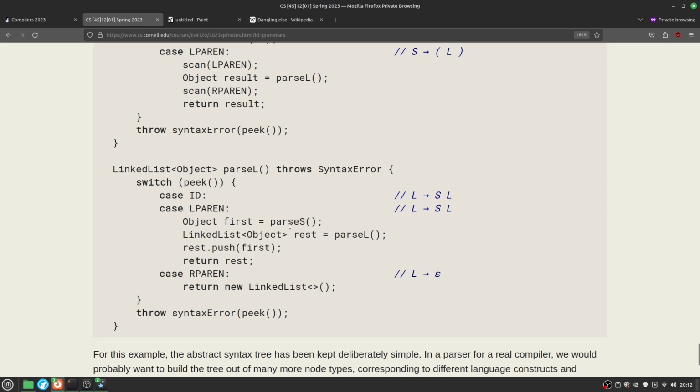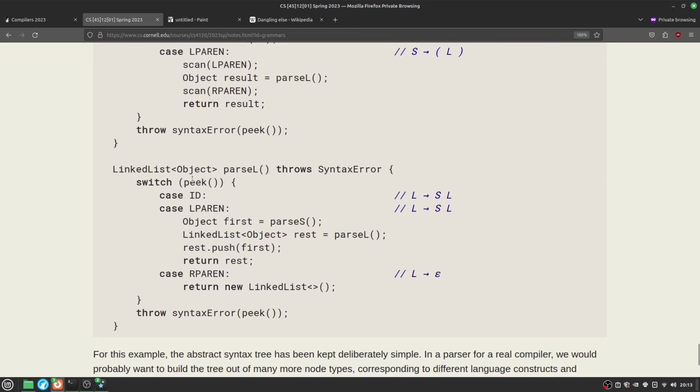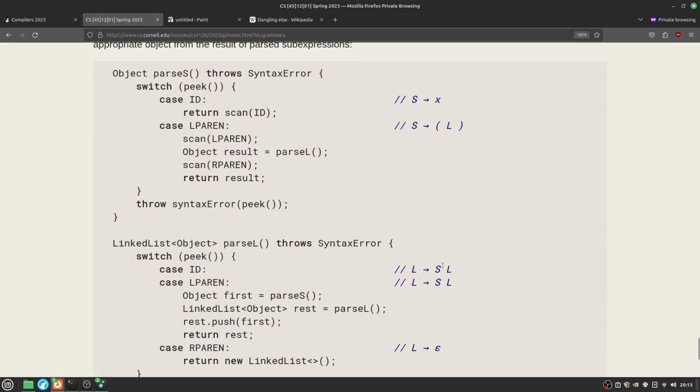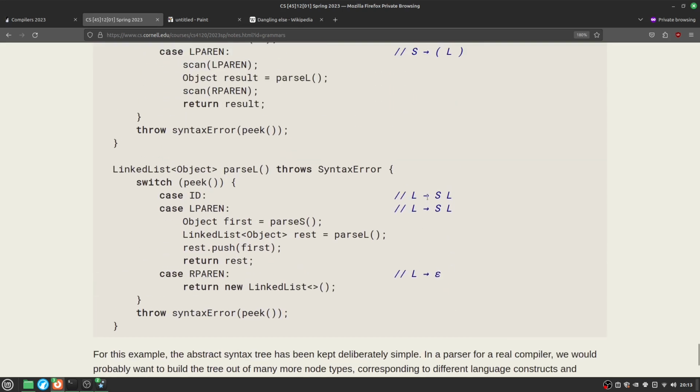Oh, okay. So we know that L is equivalent to S concatenated with L, so L can either be an object and a list of objects, or it can be empty.